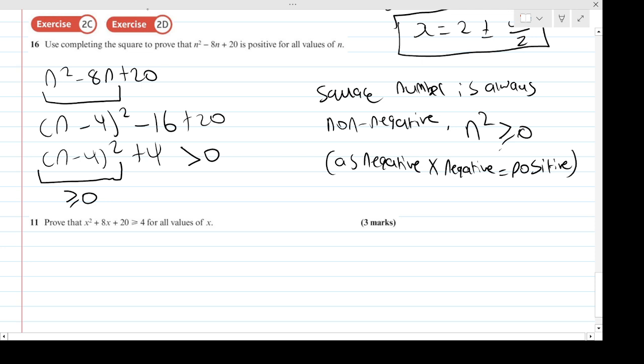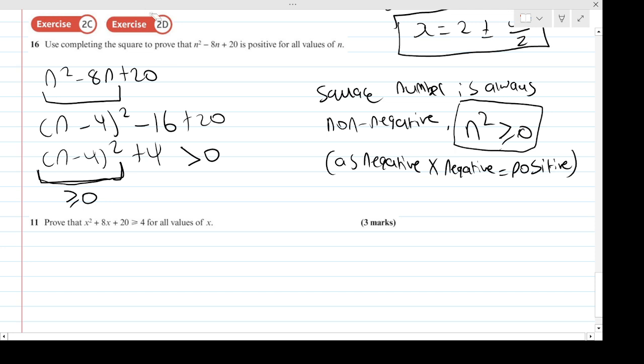It can never be negative because we have a square number. Again, I'm going to emphasize, in this case n is n minus 4, to think inside the bracket. But this number has been squared, so it's a square number, so it's always positive or non-negative. It's not negative, right? So this highlighted expression has to be at least 0.